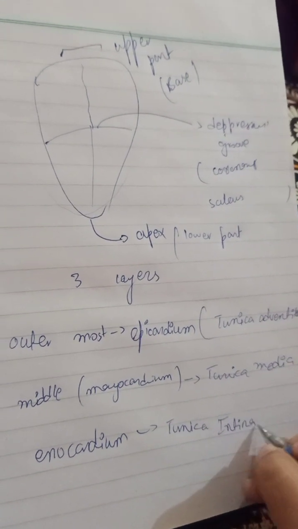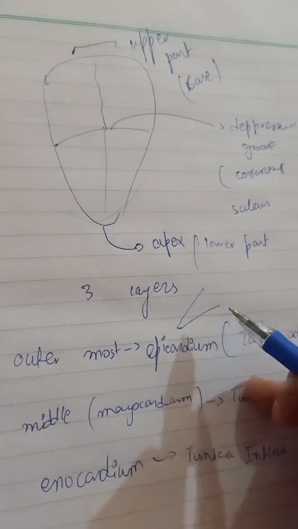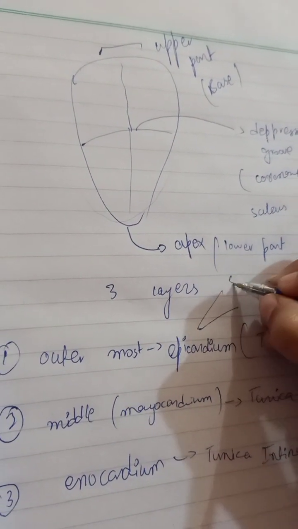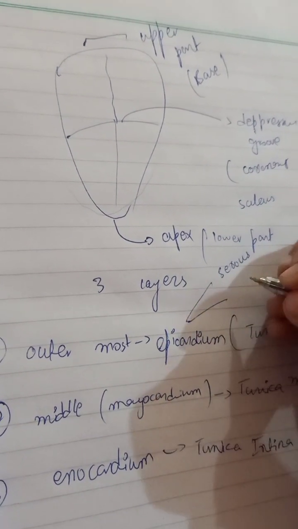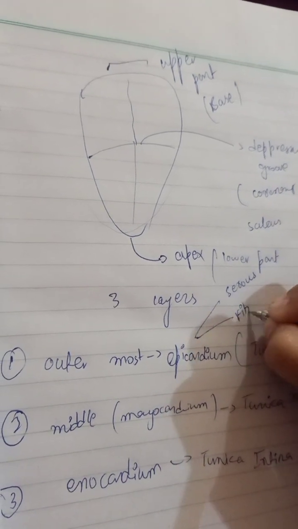The epicardium is made up of two layers: the serous pericardium and the fibrous pericardium.